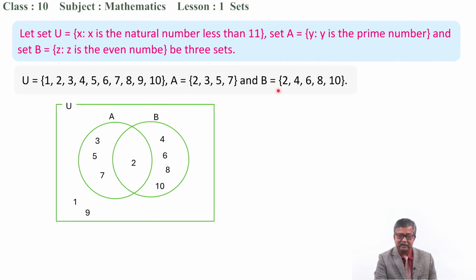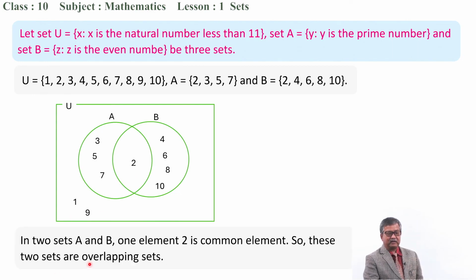Except for the elements of sets A and B, some elements are also in set U: 1 and 9, because 1 and 9 are neither in set A nor in set B. So they are outside circle A and circle B. Like this, we form the Venn diagram from the information of sets U, A and B. What type of sets are these? Good, they are overlapping sets, as we discussed in the earlier slides, because some part of set A and some part of set B overlap, where one element, 2, is common.